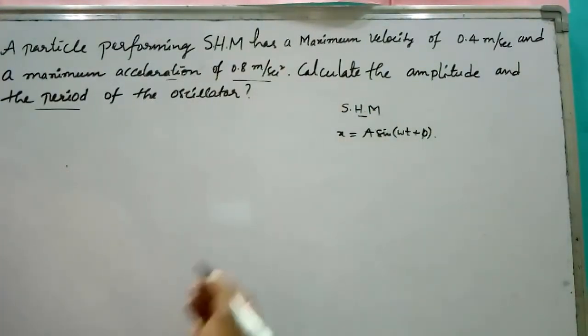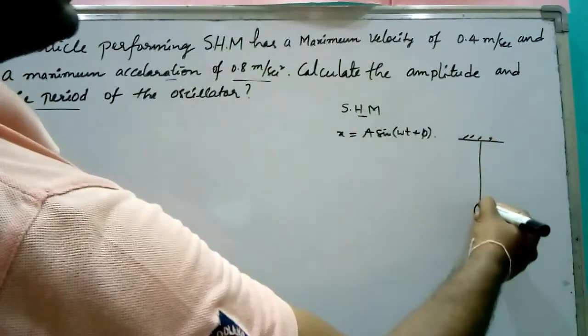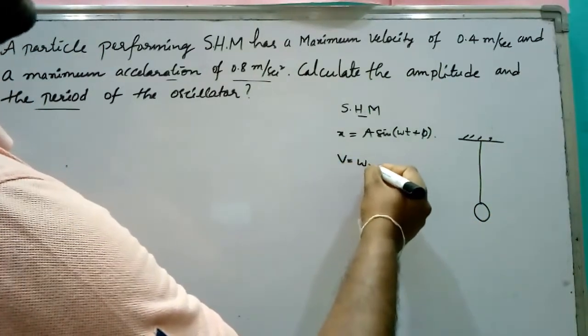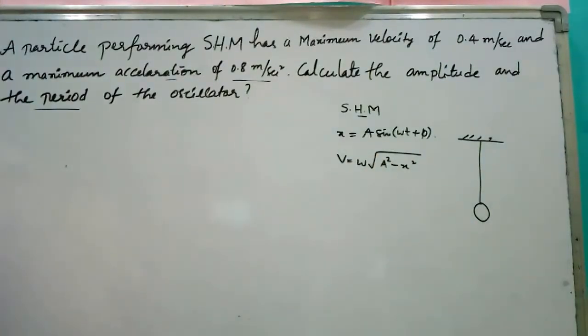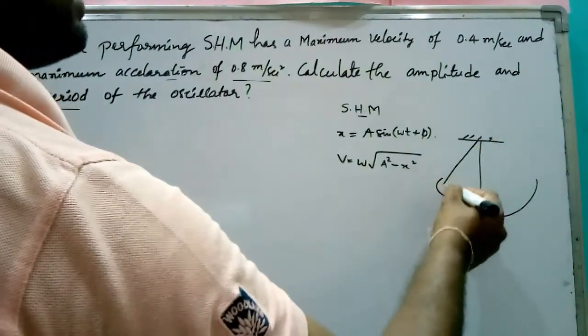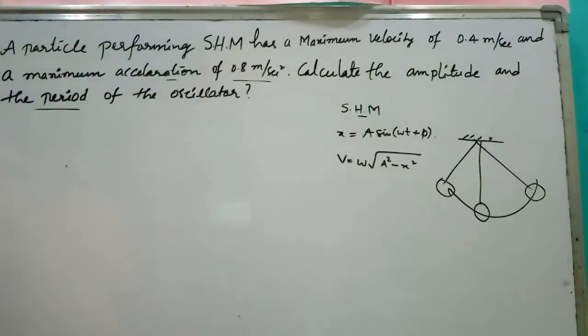Next, what is the velocity of this simple harmonic oscillator? The velocity equation is v equal to omega into under root of a square minus x square. This simple pendulum we consider as a simple harmonic oscillator.